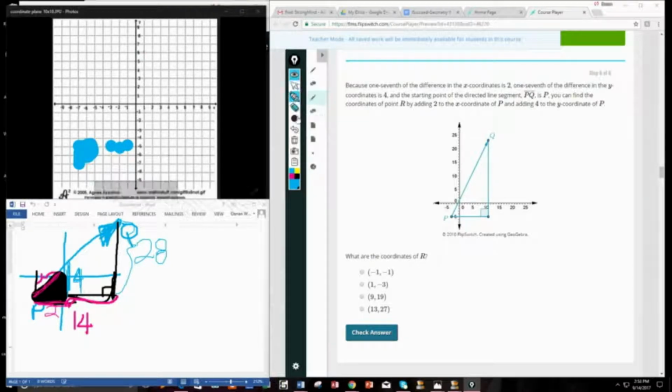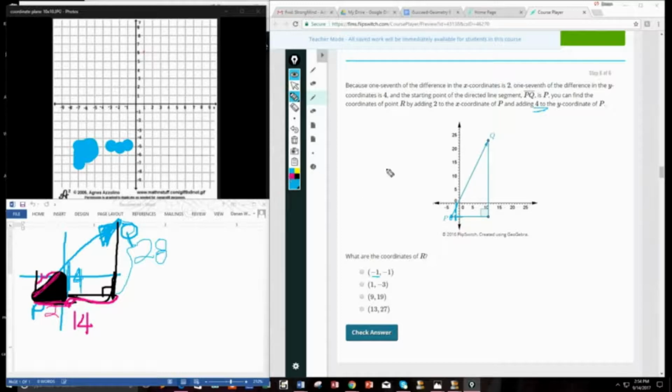Hey, looky. -1. Which, if we count, would be right here. And then the reason why we add 4 to the y coordinate is because we started at this point, which means our y starting value is at -5.